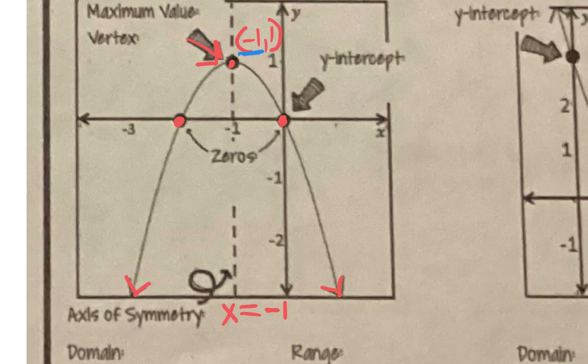Because my parabola is going downwards in both directions forever, since it is a quadratic equation, my domain in most cases will be all real numbers. That's the symbol for all real numbers. It's kind of a funny looking R.